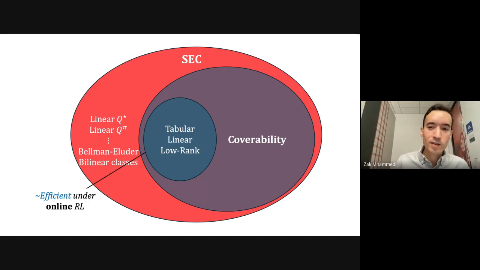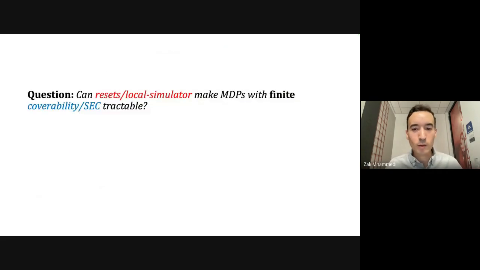Okay, but since online RL algorithms are still stuck with low rank MDPs, aiming for this SEC setting seems pretty much out of reach for now. However, we might be able to achieve this with local access. And in fact, this actually turns out to be the case.